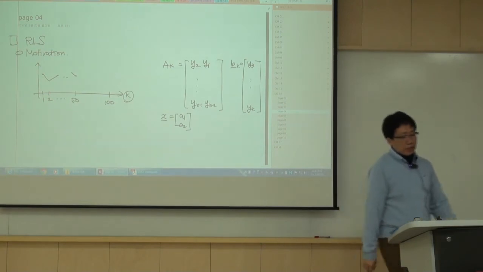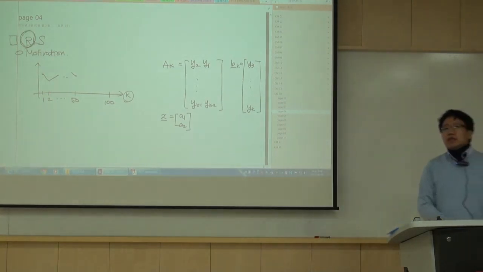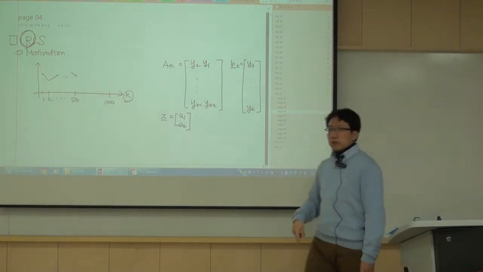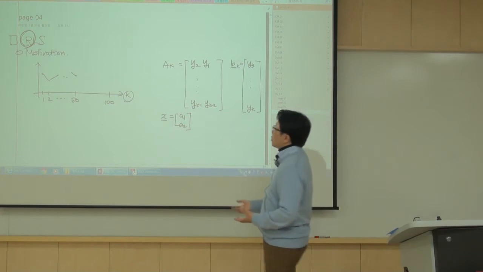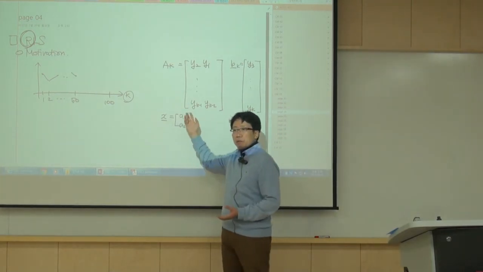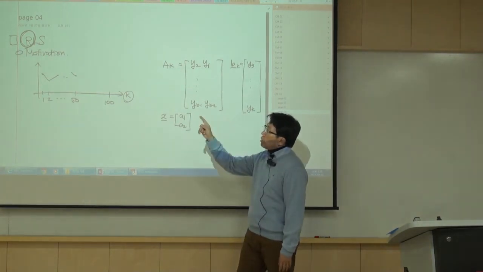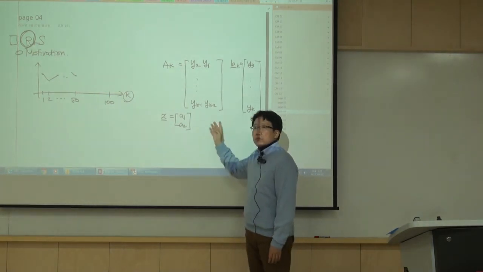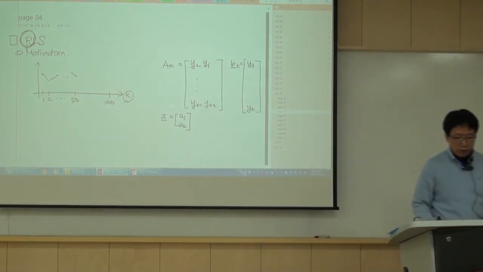So the idea is to reuse the previous result, the computed inverse matrix, and recursively update our least squares problem. That's the idea of recursive least squares.